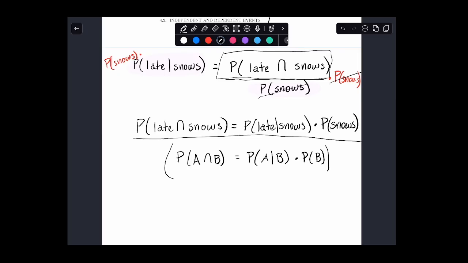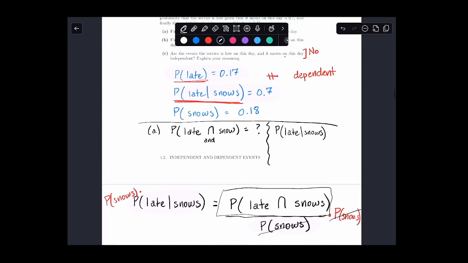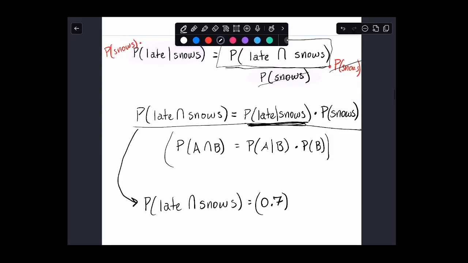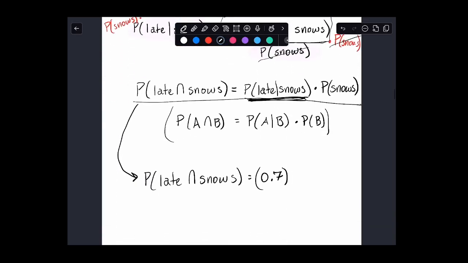And using our formula, now we can plug in the numbers that we were given in the problem. So the probability that it's late and snows is equal to the conditional probability, which is 0.7, times the probability that it snows, which in the problem said was 0.18.